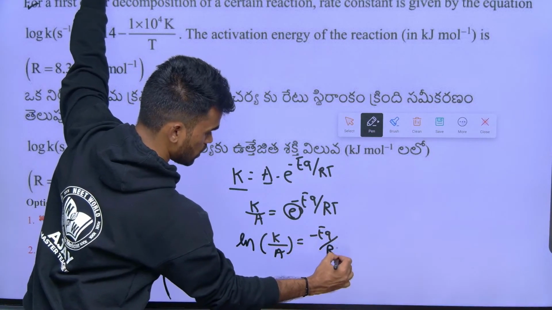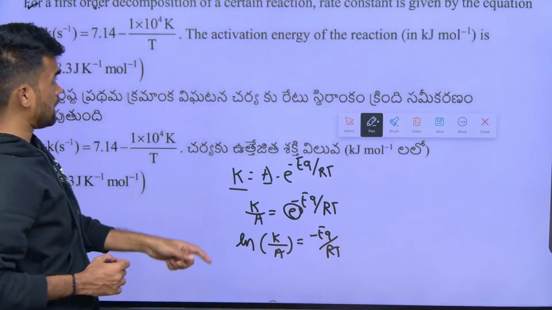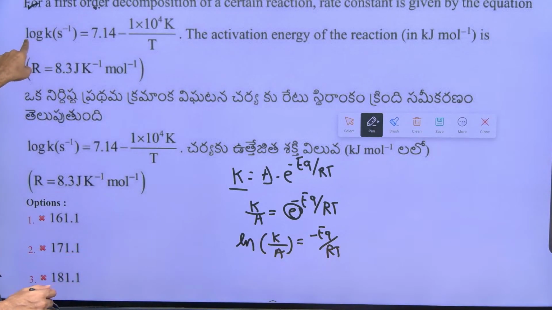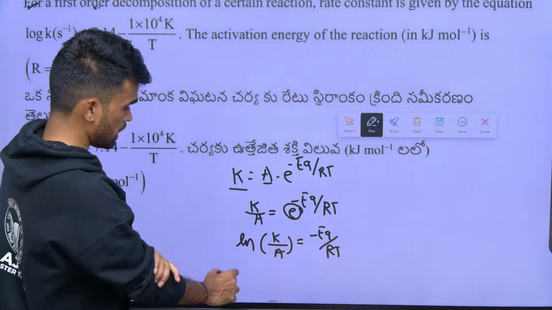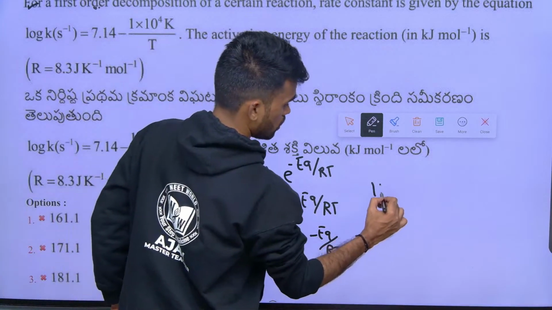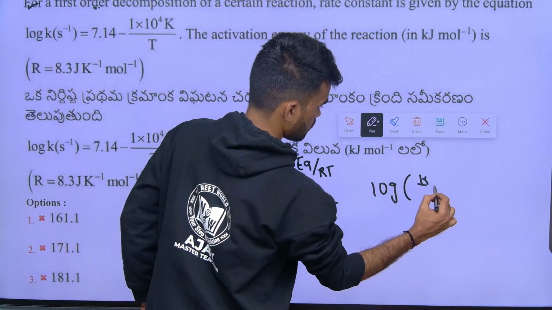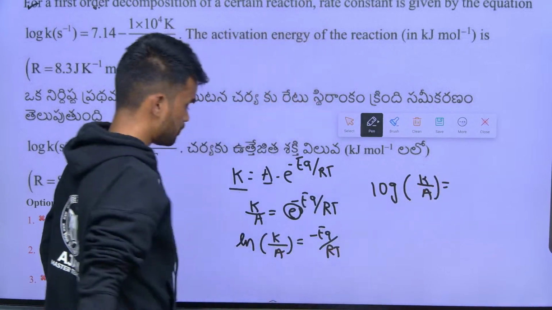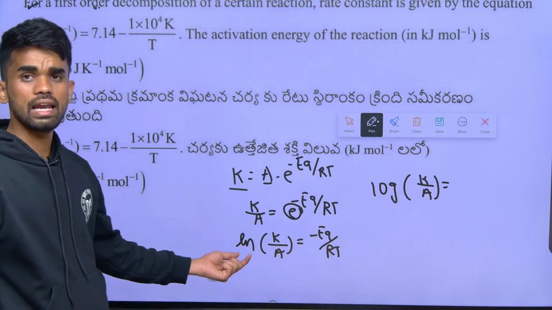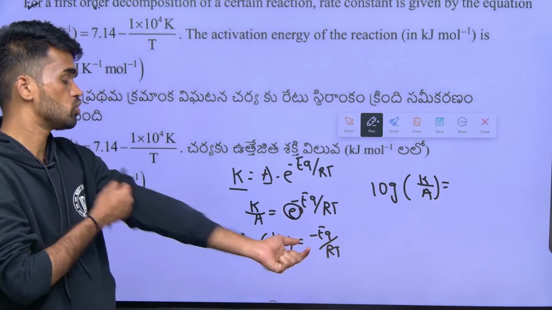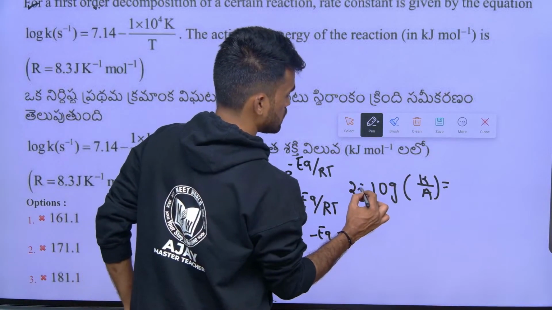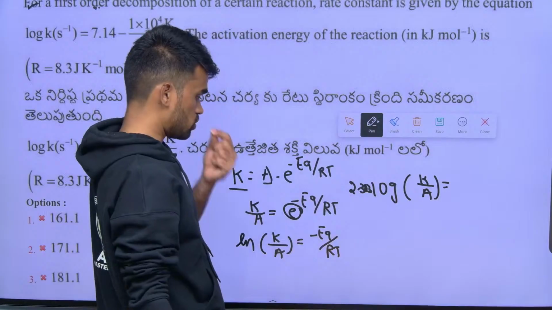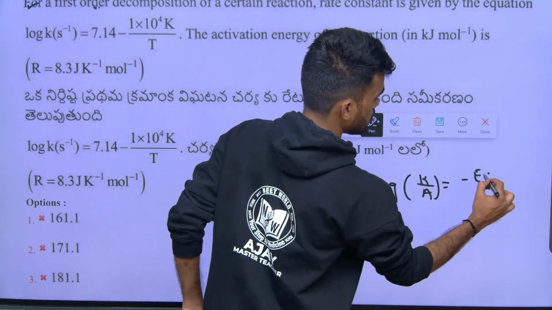Now I can write log instead of ln because they mentioned it in terms of log. Whenever you convert ln to log, you should multiply with 2.303, so we can write Ea by 2.303 RT.